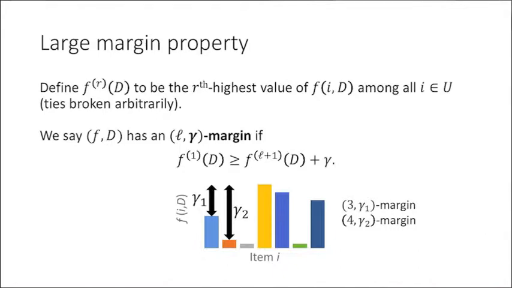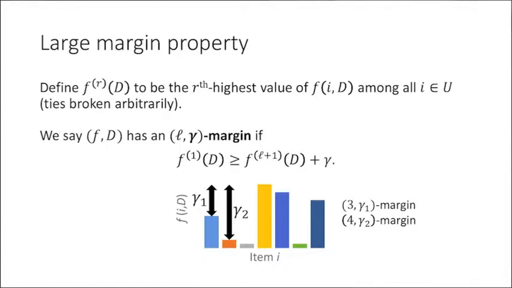Okay, so this is a parameterized concept. For instance, let's say this is gamma 1, then this particular data set and score pair has a 3 gamma 1 margin because there are only 3 items within gamma 1 of the best. But it also has a much bigger gamma 2 margin with 4 items. This is also the case that there are only 4 items within this gamma 2 value of the best.